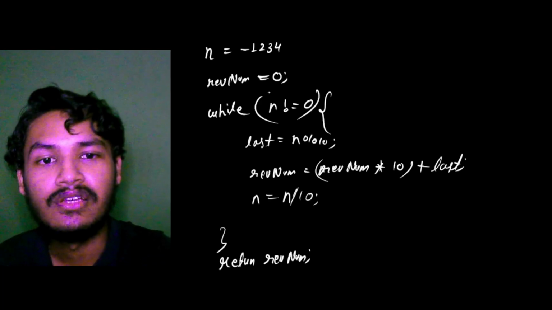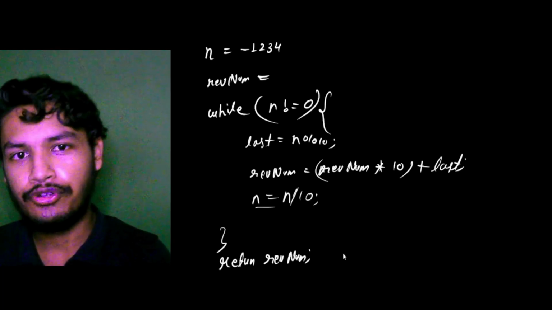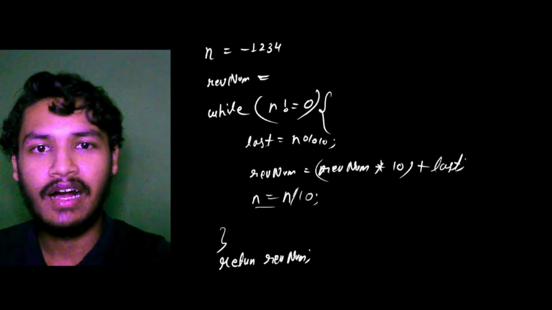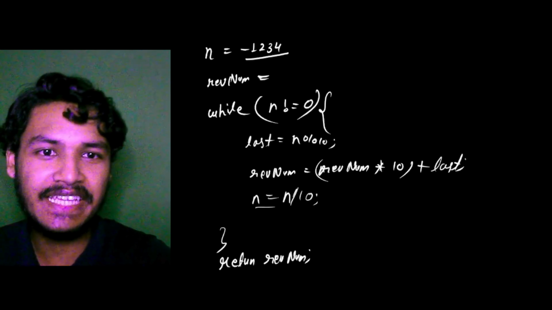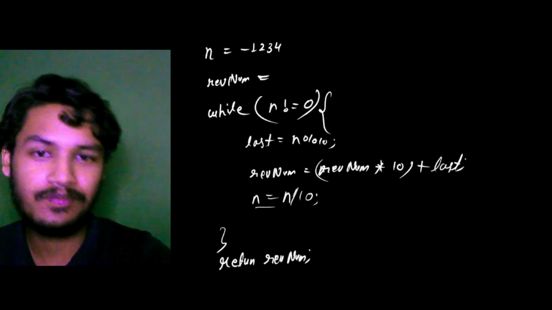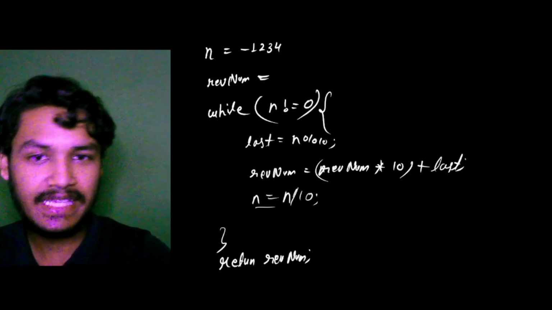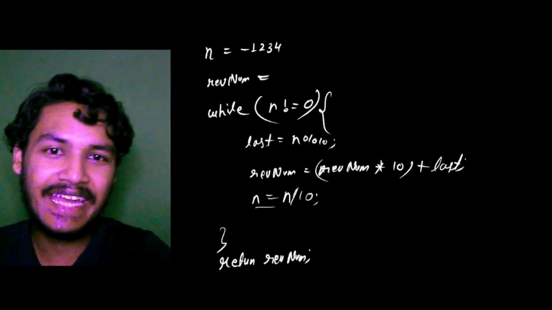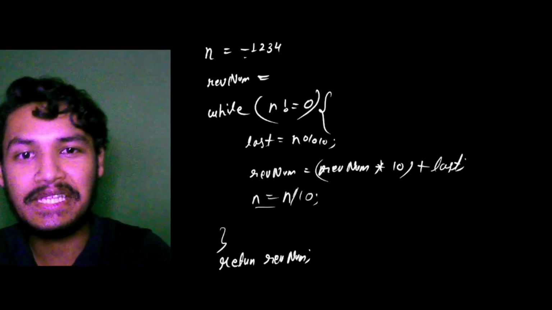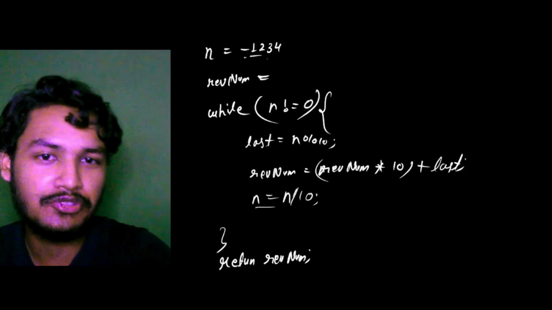This is the pseudocode for the negative number. We have just changed the condition in the while loop, and the remaining code is the same, and it will work. You can see that we have -1234, which is not equal to 0.